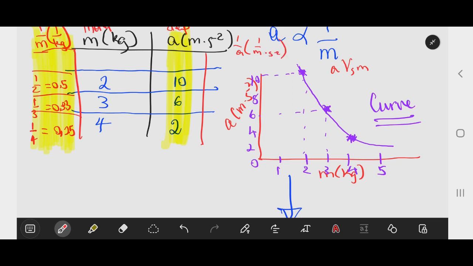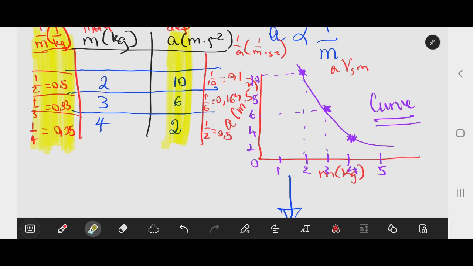So instead of 10, that would be 1 over 10, right? Which is 0.1. And instead of 6, that would be 1 over 6, which is 0.167. Sorry about that. And then instead of 2, that would be 1 over 2, which is 0.5.